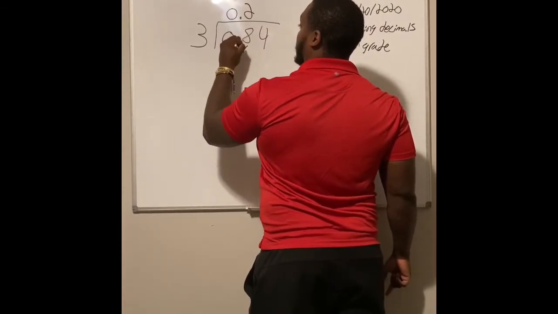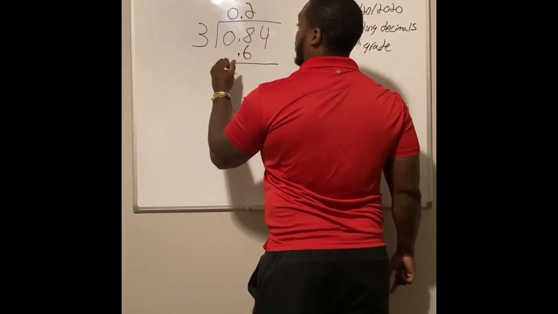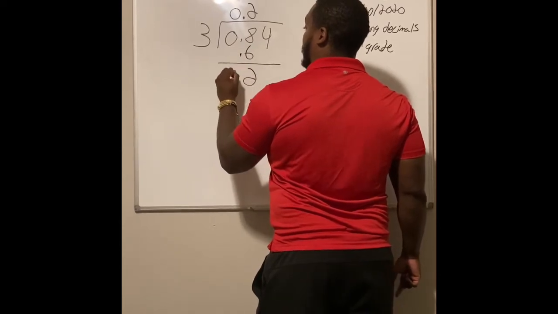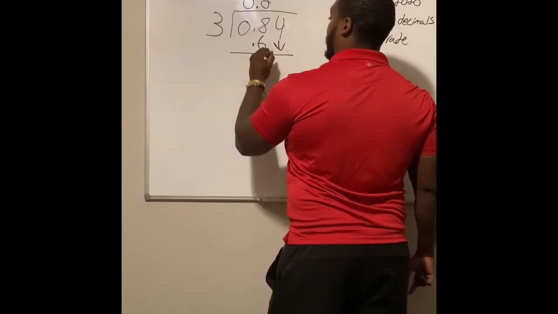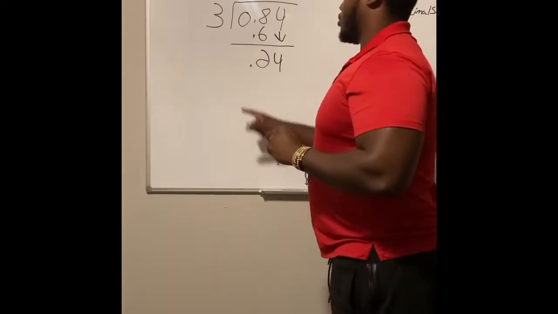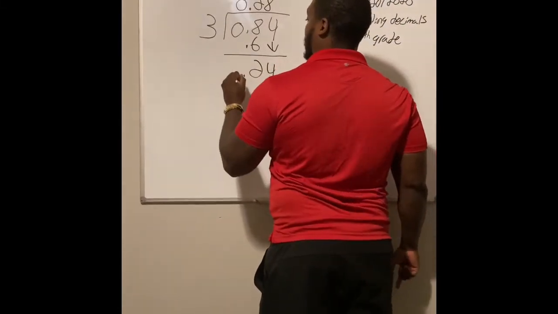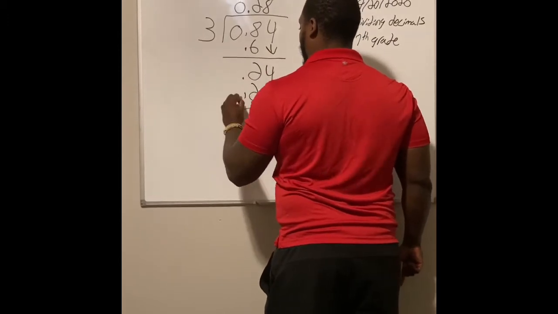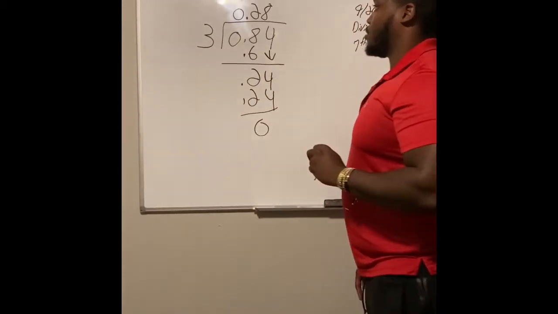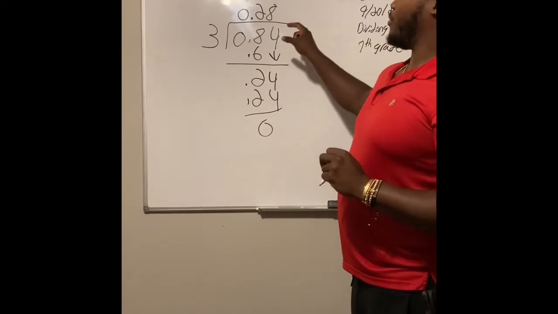So we would write our 6 here, and then this would become 2. You're going to drop your 4 here. 3 goes into 24 8 times. The remainder is 0. So 0.84 divided by 3 is 0.28.